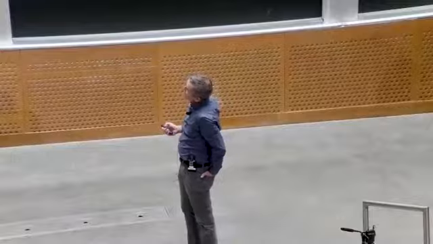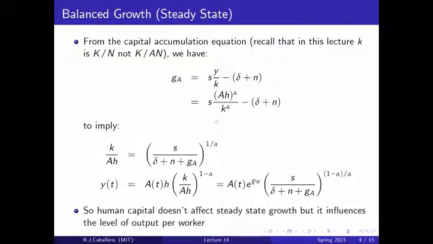Now that I have this expression for K over H, I can go back to my production function and stick in this value, and I get that output at time t, once you're on the balanced growth path, is equal to A_t times H times (K over AH) to the 1 minus alpha.